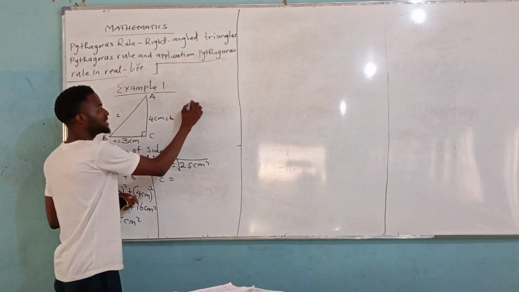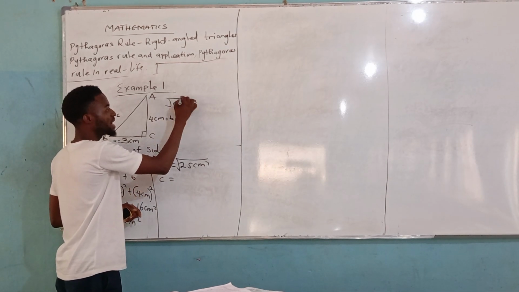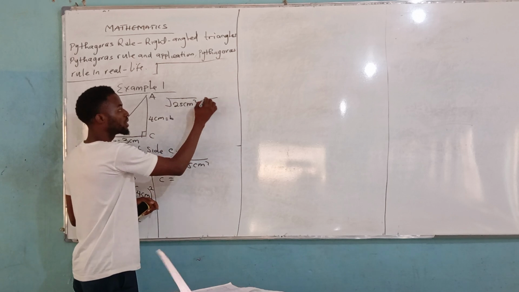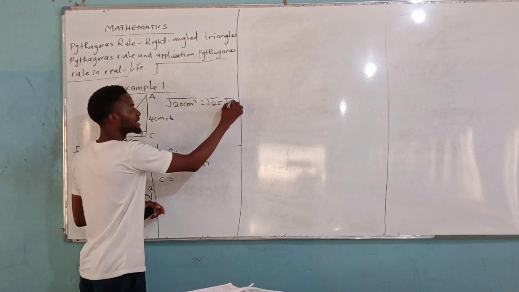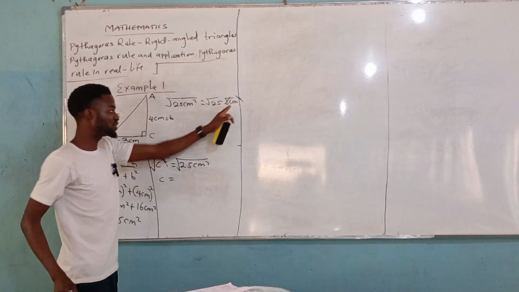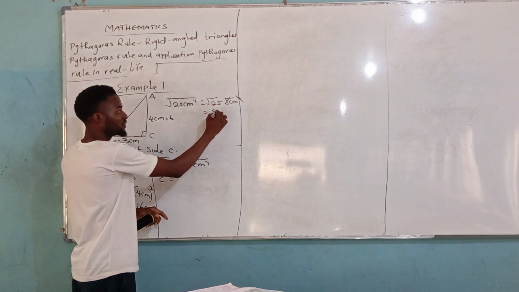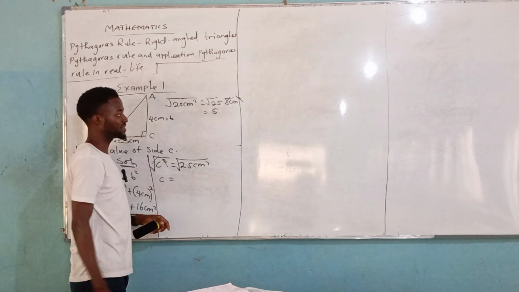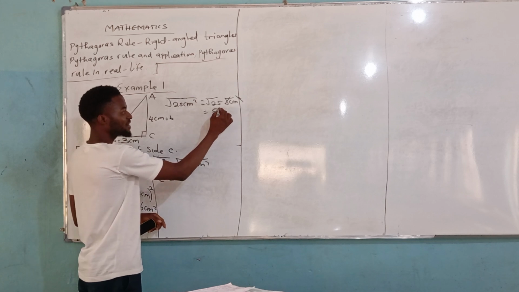Root of 25 centimeter square is the same thing as root 25, and then root centimeter square, which is the square here goes with this root. You're left with just centimeter, and this is a perfect square, which gives you 5 if you take the square root of it, because it's the same thing as 5 square.